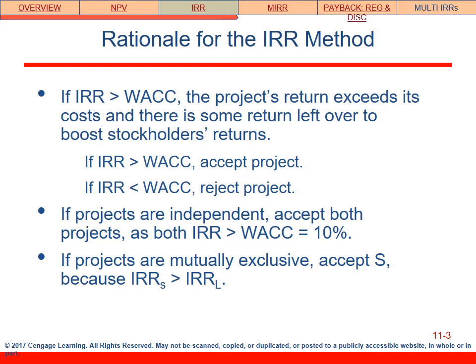If those two projects were mutually exclusive and they are competing against each other, we would accept S because S's internal rate of return was greater than L's, and it was greater than the firm's weighted average cost of capital.